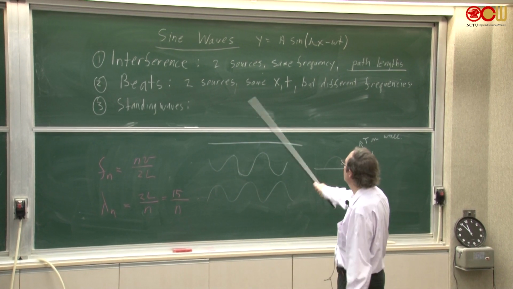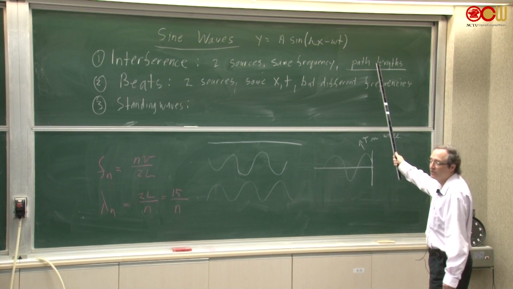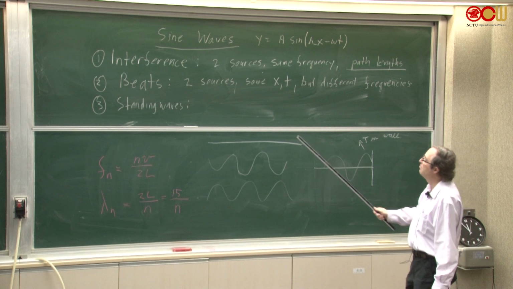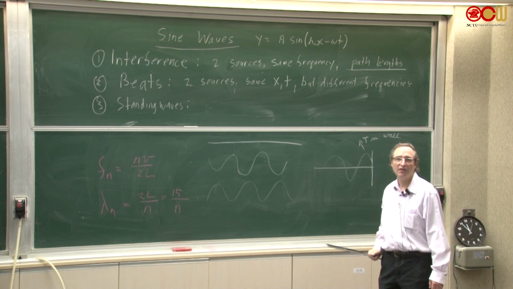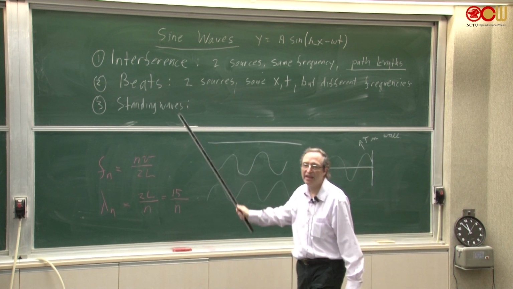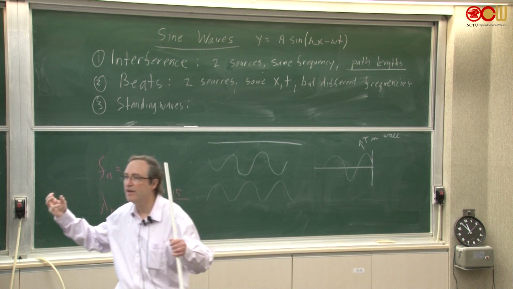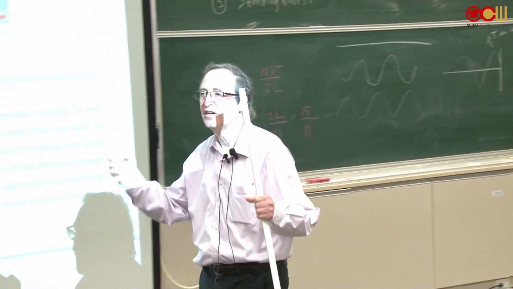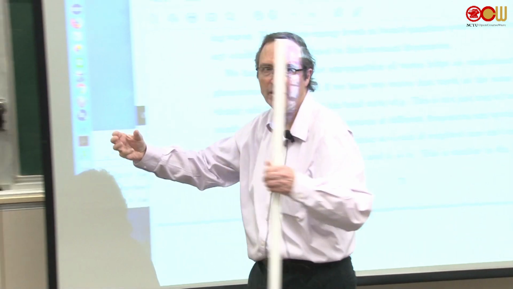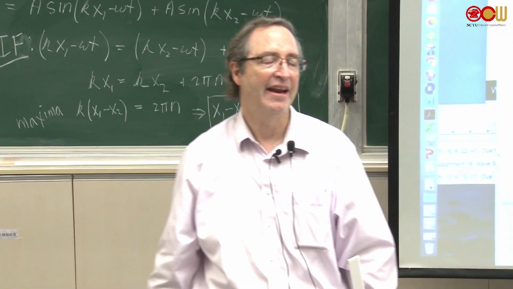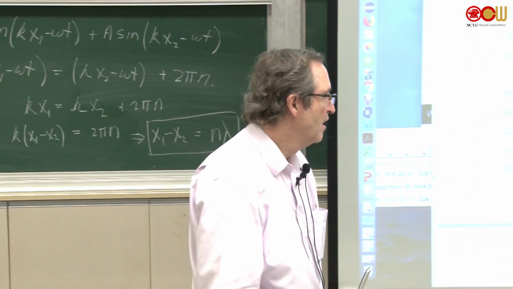So for interference, path length differences are the key. In beats, having slightly different frequencies. In standing waves, you have two waves of the same frequency, same wavelength, going through each other and adding up. Okay.